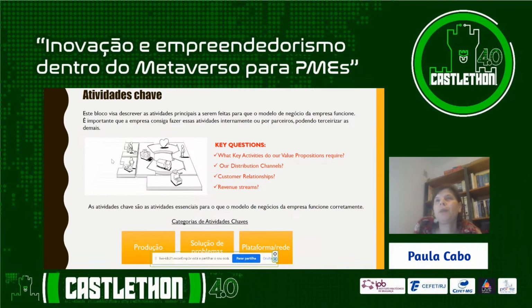For example, if you think about the Nespresso business model, the key resources are the patents of the system, the coffee capsule, and the machinery.